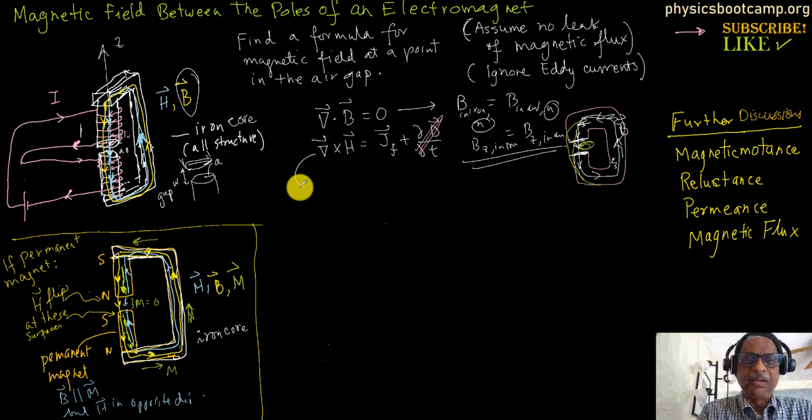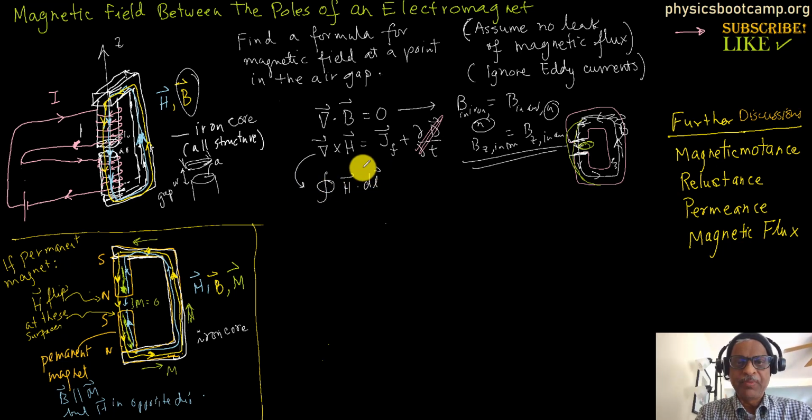With this, you can convert this into Ampere's law, so that only the flowing current will be involved. If I take a closed loop and I do the integral of H dot dl as I go around the loop, then this should be I_free enclosed, how much current is enclosed.